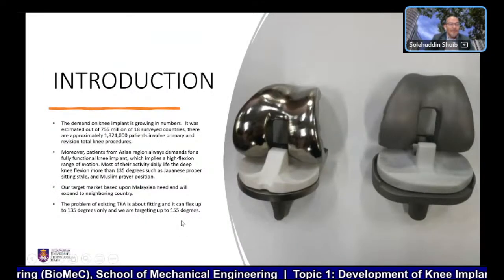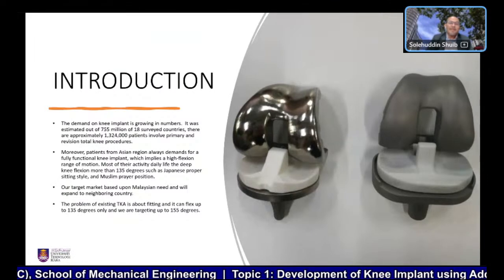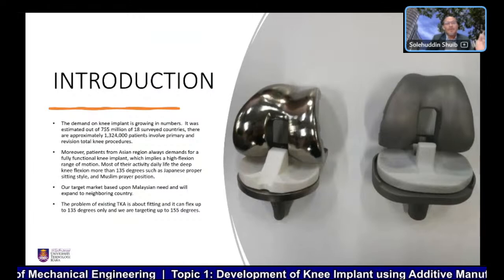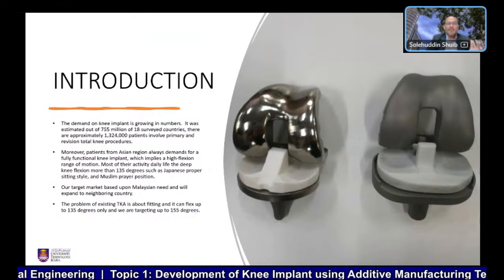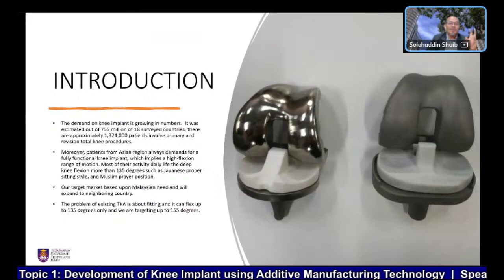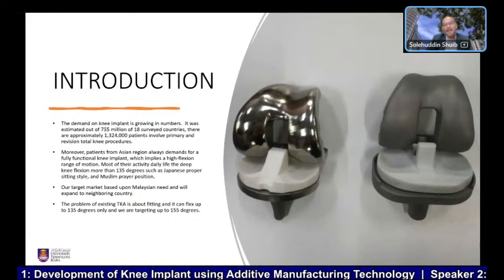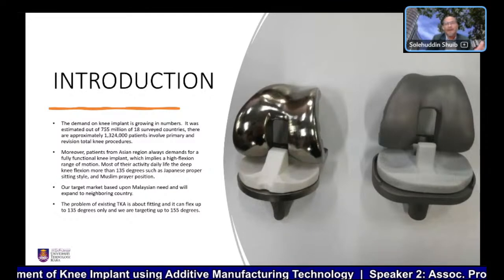Okay, I have mentioned about this one. My project, basically our dream, our target, is that we want to produce our own total knee implant, hip implant, knee implant for the lower limb. But for this one, I'm talking about a high flexion implant, which can flex up to 155.